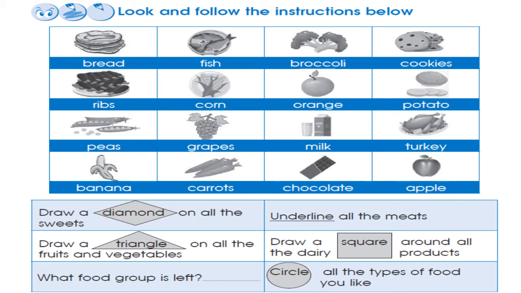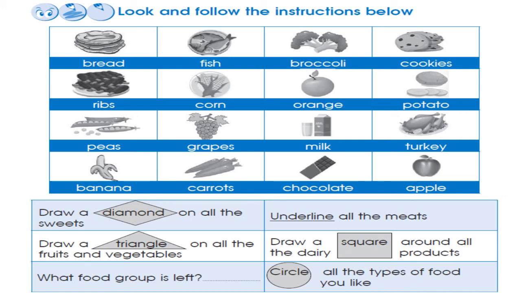We are going to put a line under meats. We are going to draw a square around all the dairy products, and we are going to draw a circle on the food that you like.